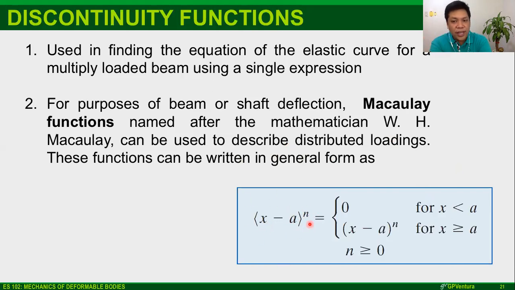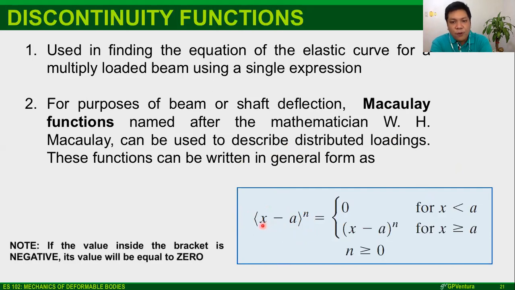Later on, if you have values for x and a, and x minus a is negative, or the value inside the bracket is negative, your Macaulay function tells us immediately that the entire thing is equal to 0. You don't need to evaluate.